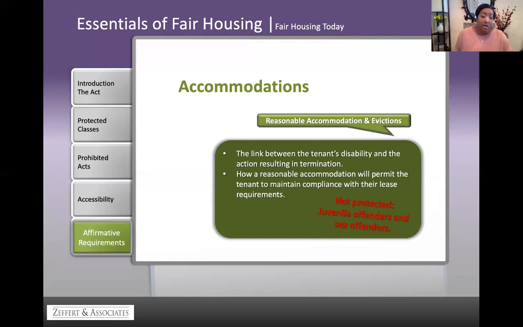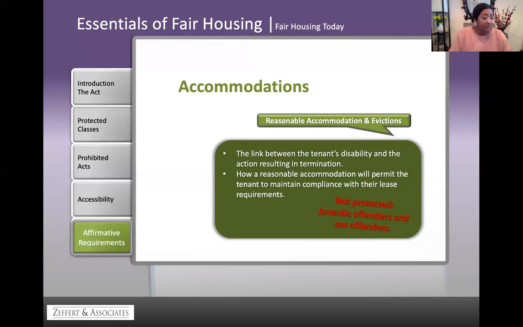Okay, so here's an example. A tenant was very loud and disruptive in her unit due to her disability, which causes auditory hallucinations. All of these particular examples, not the workshop, come directly from the Department of Justice as a part of that joint statement with HUD, and you can find it on the DOJ website under fair housing.